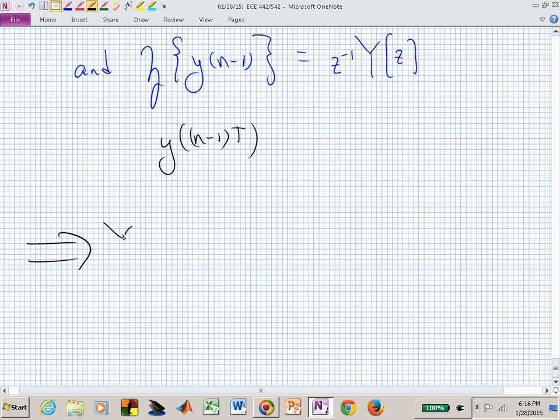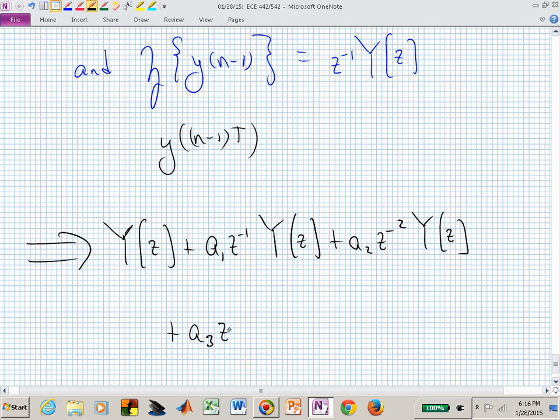Meaning now we can write Y of z plus a sub 1 z to the minus 1 Y of z plus a sub 2 z to the minus 2 Y of z. That was a delay of 2 sample periods, plus a sub 3 z to the minus 3 Y of z is equal to b sub 0 U of z plus b sub 1 z to the minus 1 U of z.